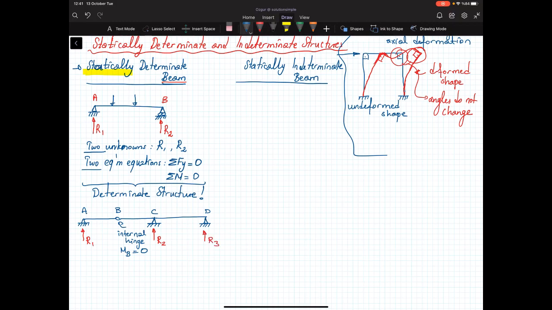So we have three unknown support reactions, which are R1, R2, and R3. And this time I can write again three equilibrium equations.